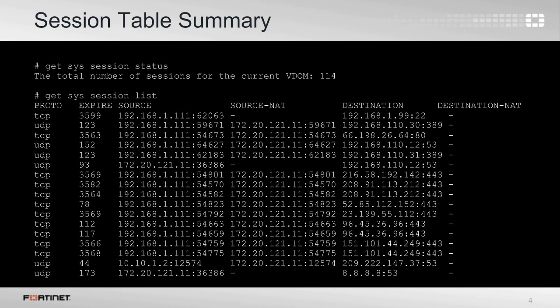The command get system session list provides a brief summary of each session. This command lists one session on each line and includes information such as protocol, source IP address, destination IP address, and port. You can use the grep utility with this command to list only the sessions for a specific IP address.